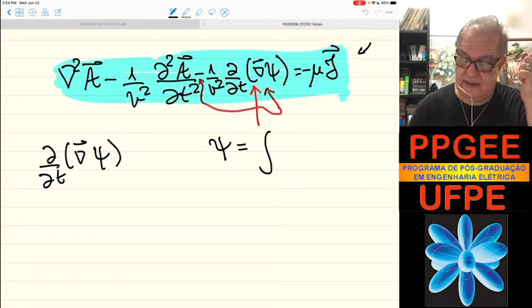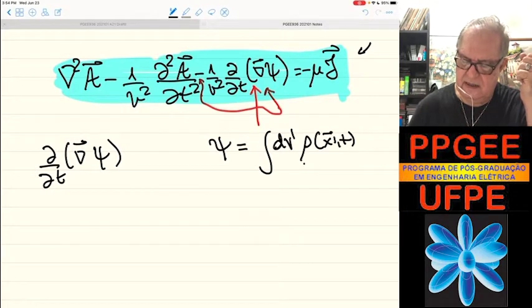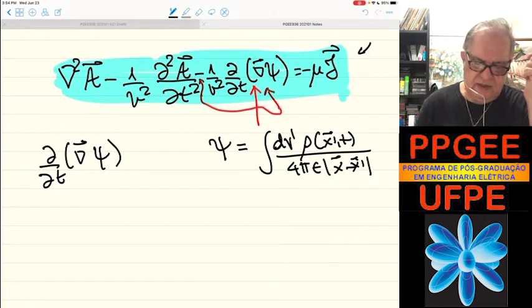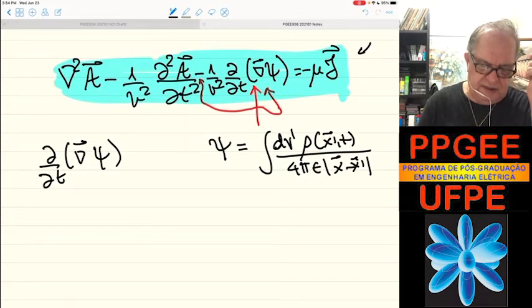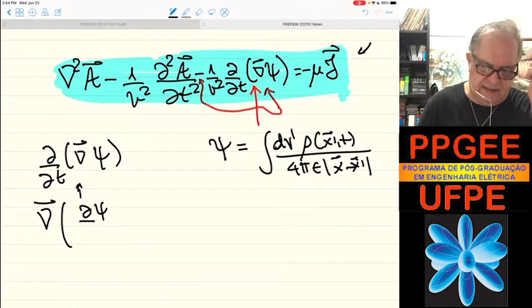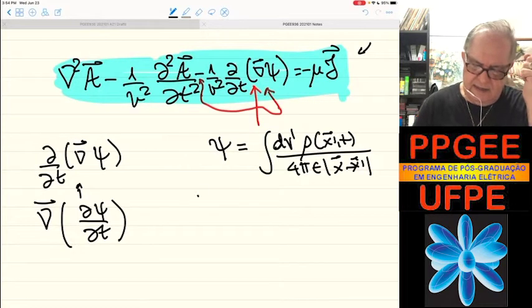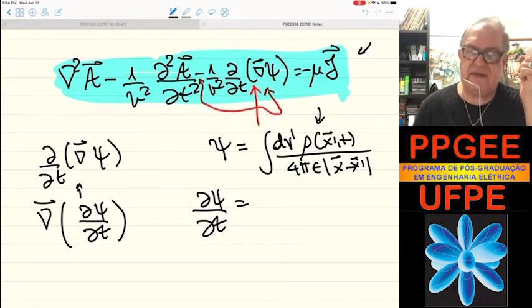So the solution is the integral dv prime of rho of x prime, t divided by 4 pi epsilon times the magnitude of x minus x prime. So I'm going to interchange here. It's going to be nabla of d psi dt, and d psi dt equals the derivative of this term here.